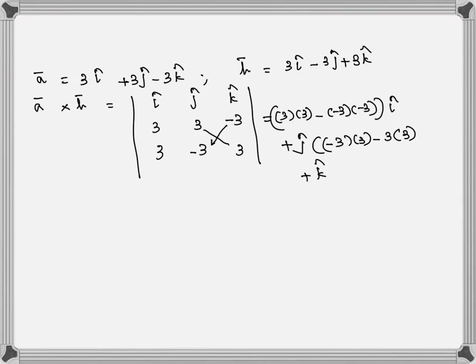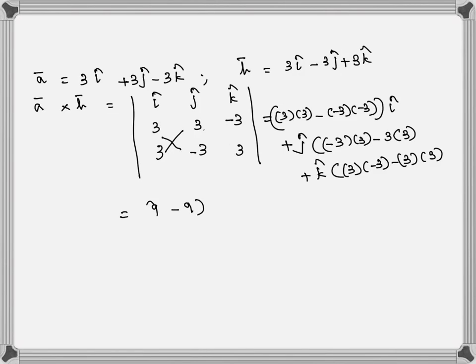Then for the k component, you hide the column and the row to which k belongs, so it will be 3 times negative 3 minus 3 times 3.